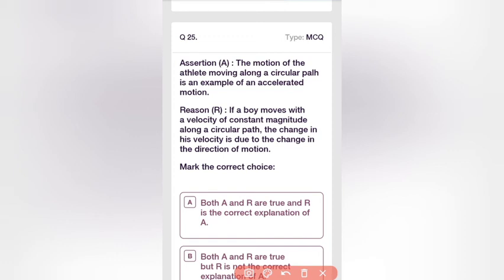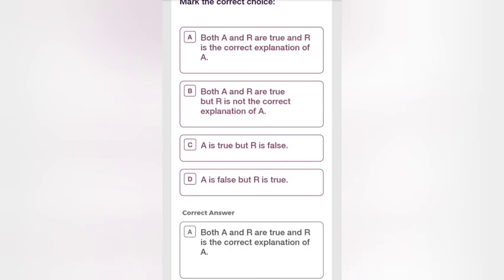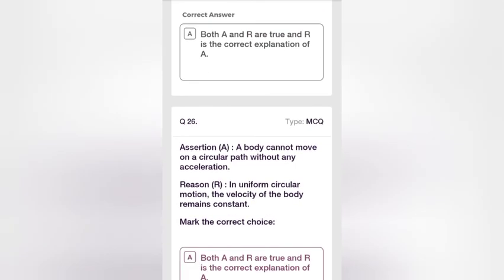If a boy moves with a velocity of constant magnitude along the circular path, the change in his velocity is due to the change in the direction of the motion. That's right. This is also correct. So option A. Both assertion and reason are true, and reason is the correct explanation of assertion.